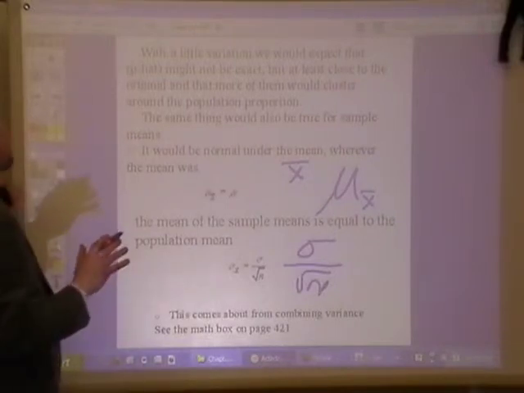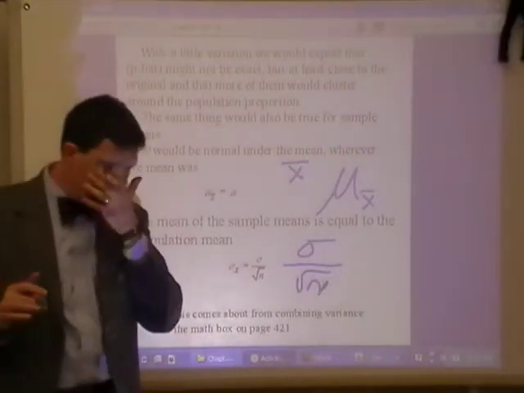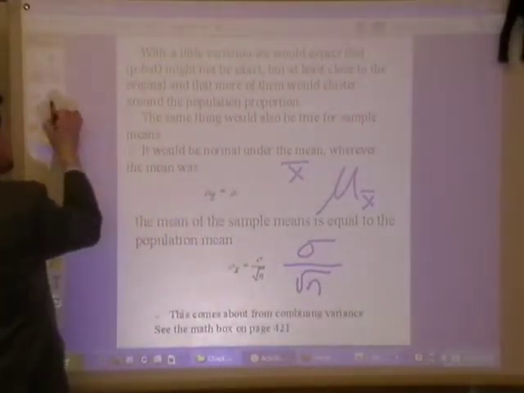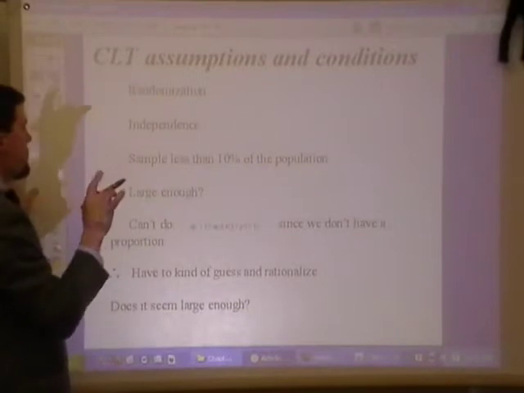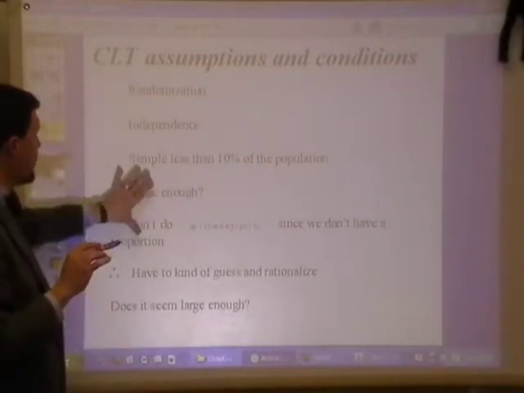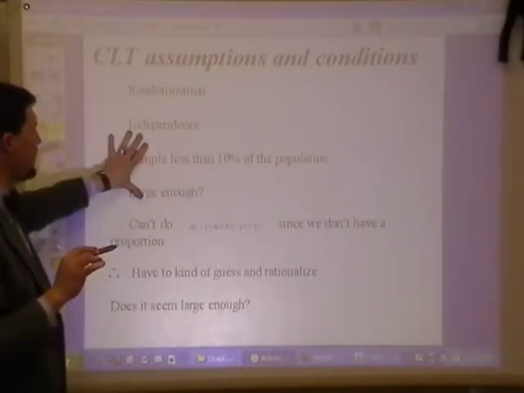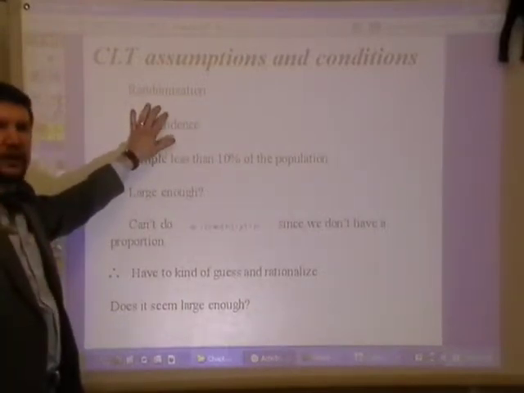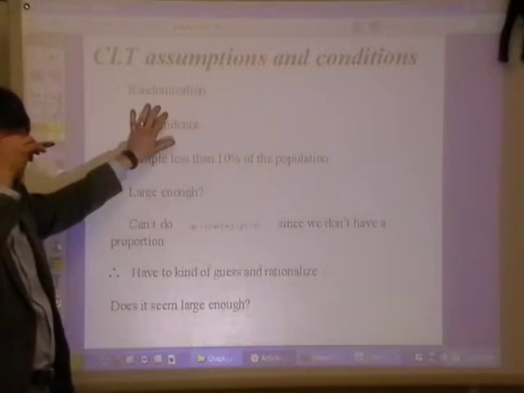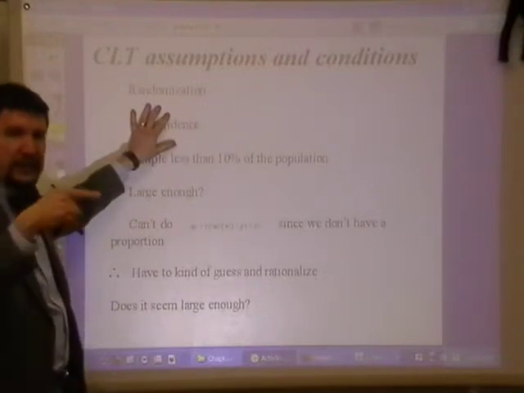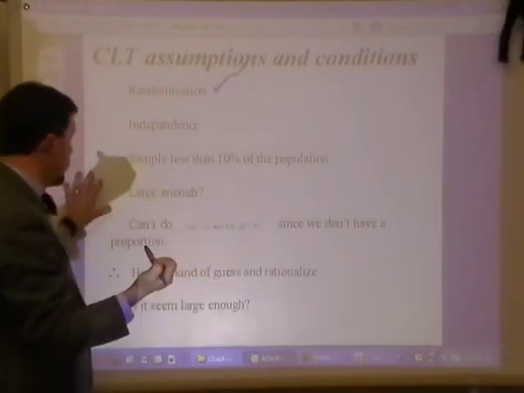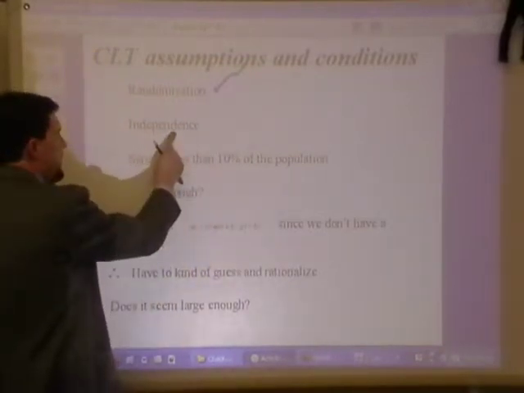Now, in order for me to talk about these things, I need to have certain conditions met for this to work. These conditions are that I need to have randomness, so that one thing does not influence the other. I need to have each sample be independent of the other sample. I need to have randomness. This is the statement of independence.